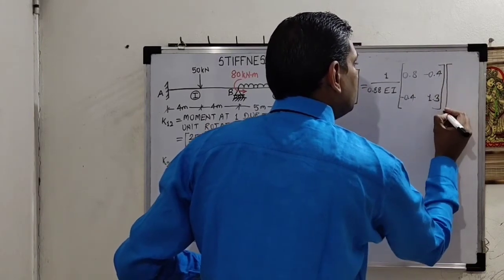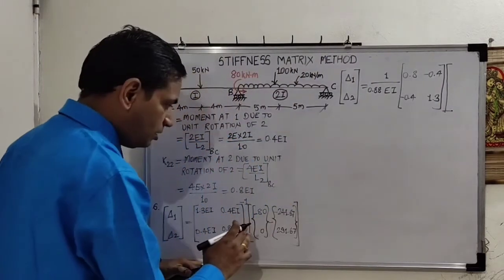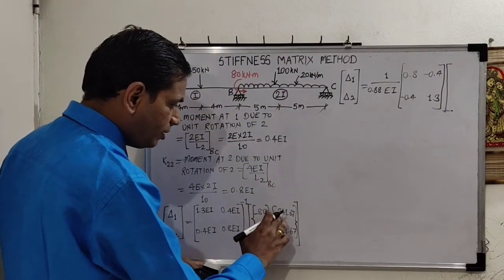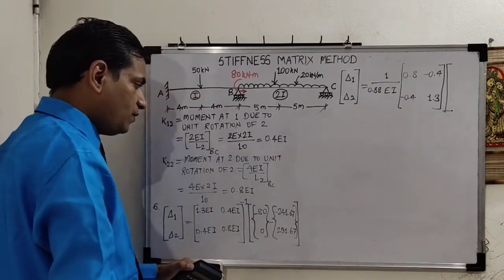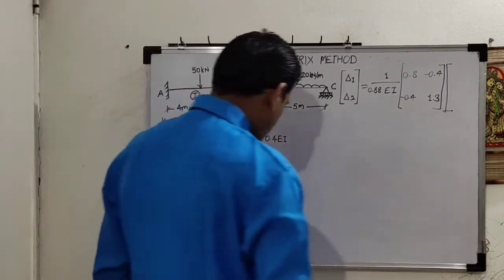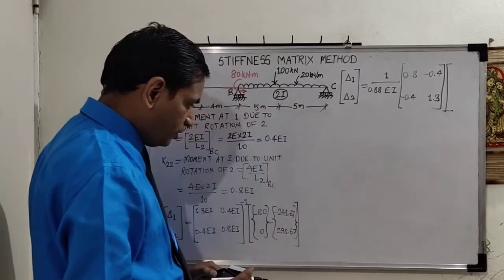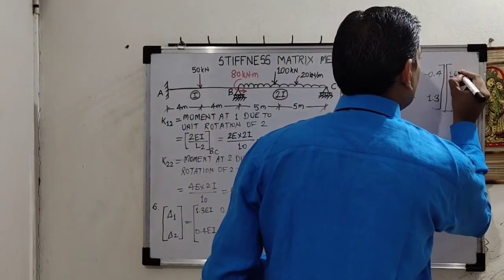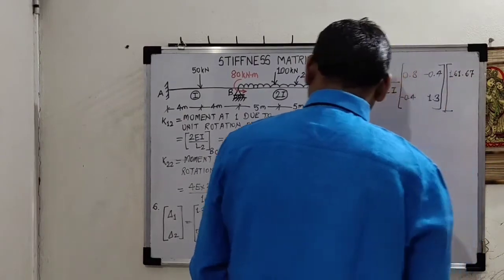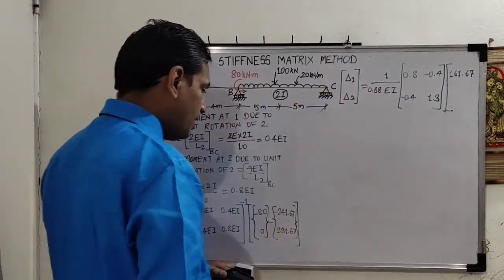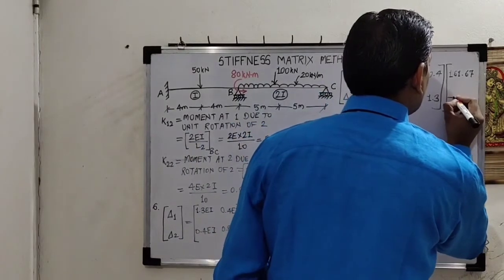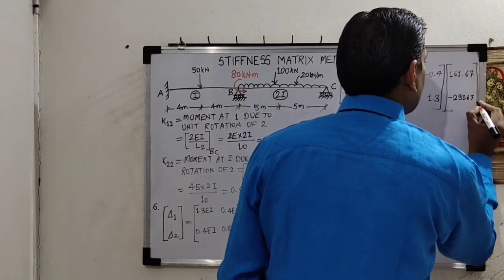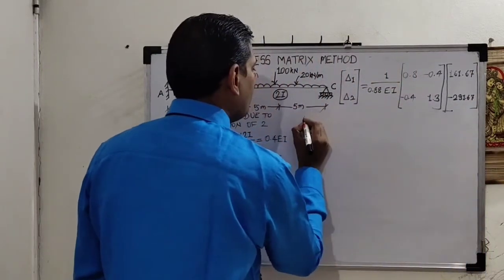Then subtraction of matrices, these two, minus 80 minus plus 241.67. So it becomes plus 161.67 and this will be minus 291.67. Okay. So what will be delta 1?